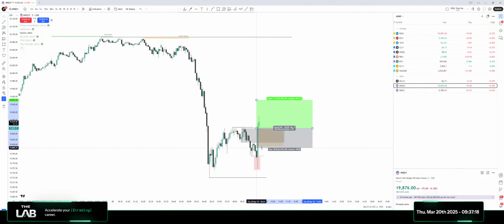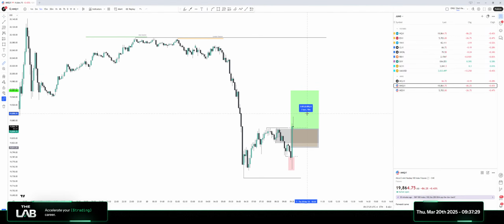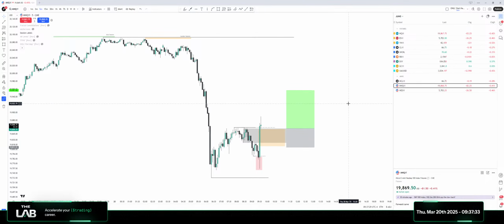So if I play a position, it's gonna be something like this, 2R. But again, I'm not trying to force anything, at least for now, until I see a clear close above here.